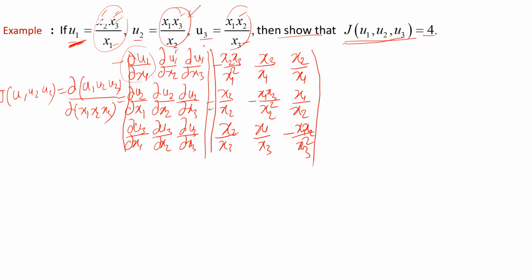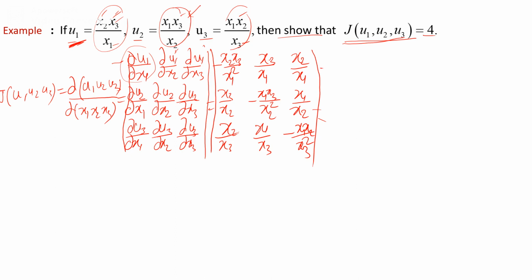Now you simplify that determinant. You take common 1 upon x1 square in the first row, and in the second row we get minus x2 square, and in the third row x3 square.